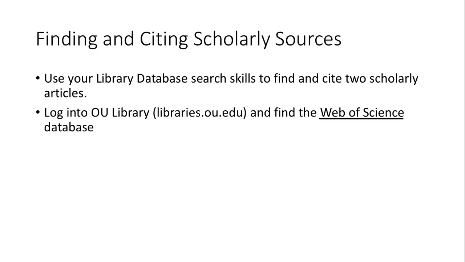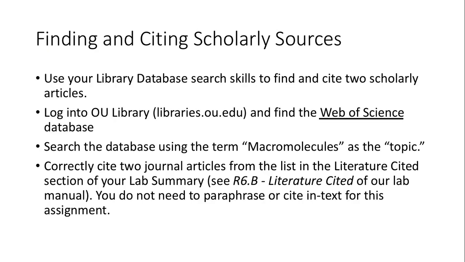The last part that you'll be doing as a part of your summary is finding and citing scholarly sources. So last week we learned how to use the library database to find and cite scholarly sources. This week we have to do it for 2 specific articles. So you have to use the same place that you went to before, Web of Science, and you'll be searching the database using the term macromolecules as the topic.